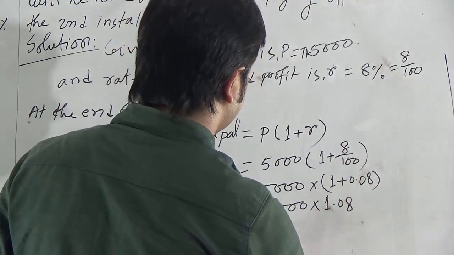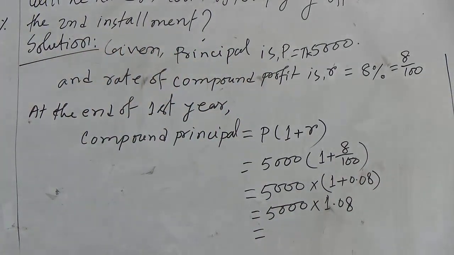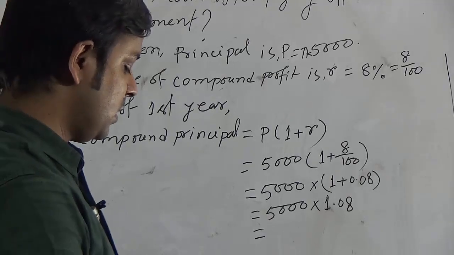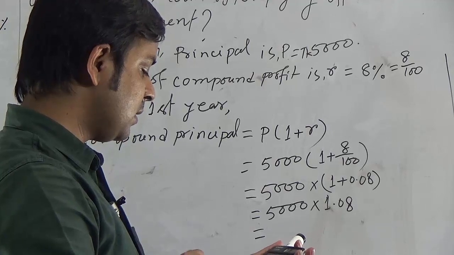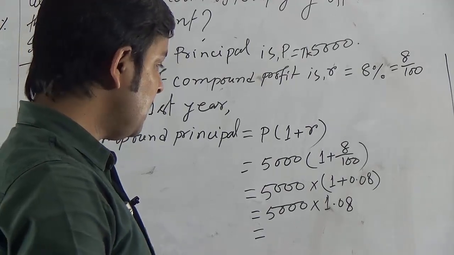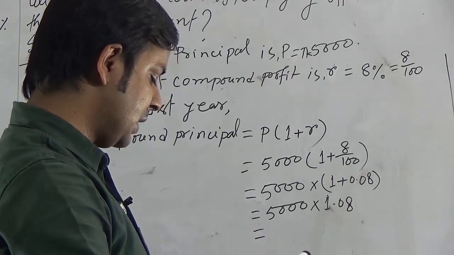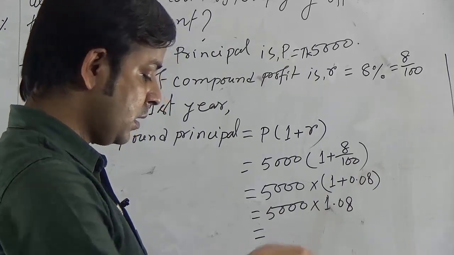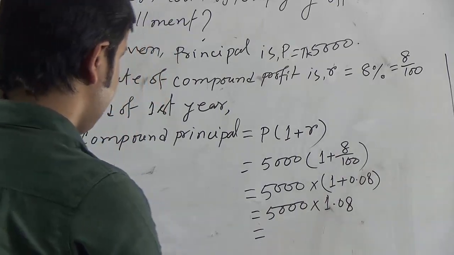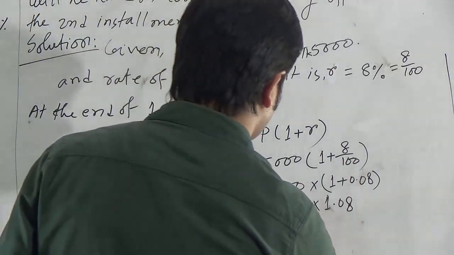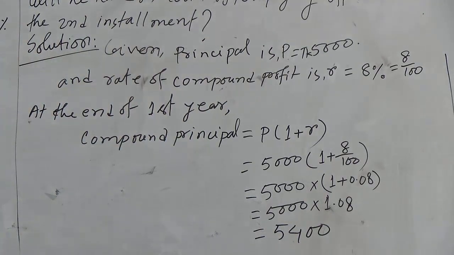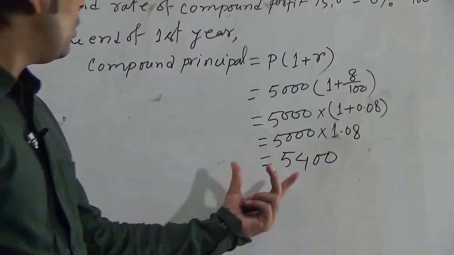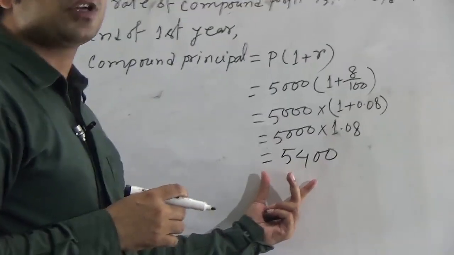If we multiply 5000 by 1.08 using a simple calculator, that will be 5400. 5400 taka. It means that after the first year the compound principal is 5400 taka.